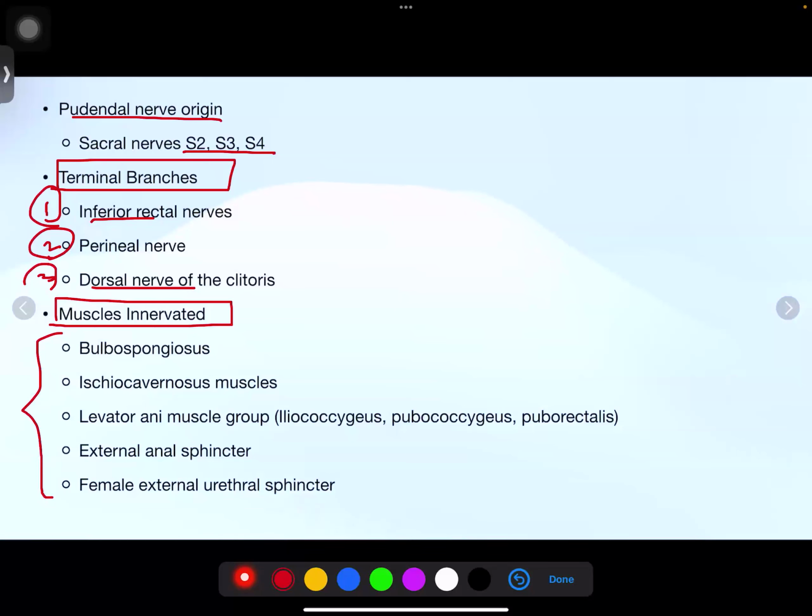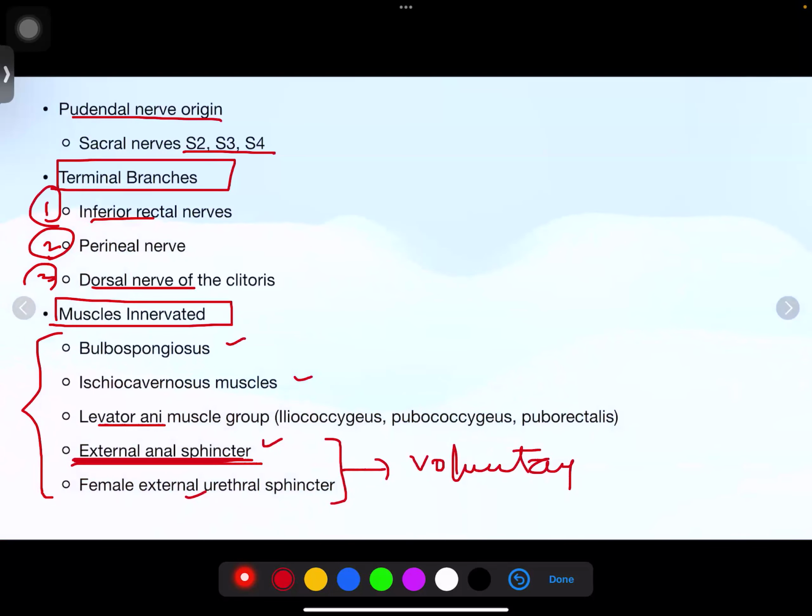Actually, all the perineal muscles are innervated by the pudendal nerve: bulbospongiosus, ischiocavernosus, the levator ani group, the external anal sphincter, and the female external urethral sphincter. Both external sphincters you can remember, because external sphincters are voluntary muscles, supplied by the pudendal nerve.